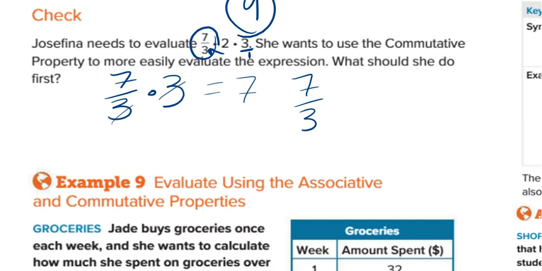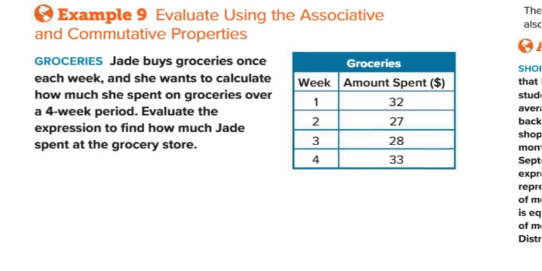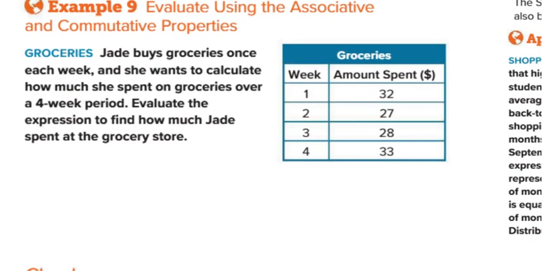If we have the same number in the denominator and the numerator, those would cancel out. So the thing she would want to do first is the 7/3 times 3, because those 3's would cancel, leaving her with 7, making this problem a lot easier. So the correct answer on what she should do first is 7/3 times 3.